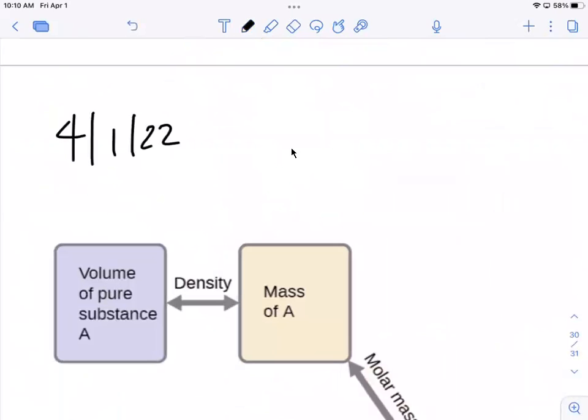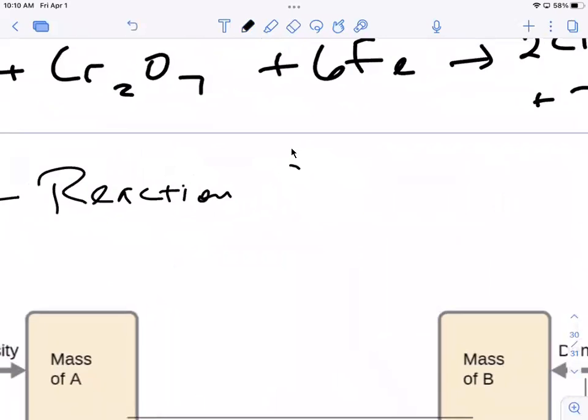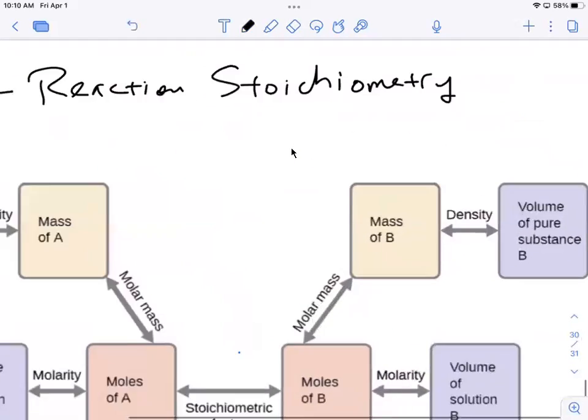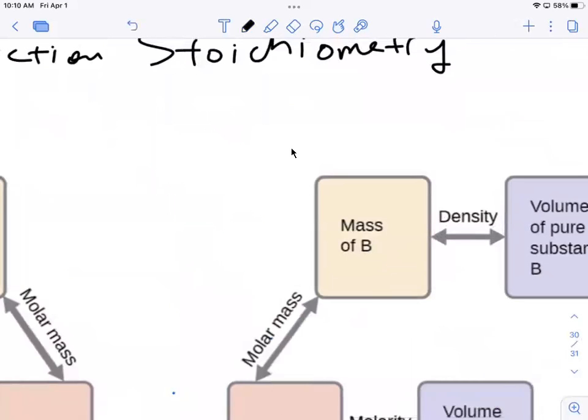So we're going to talk about reaction stoichiometry. And again, what is stoichiometry?